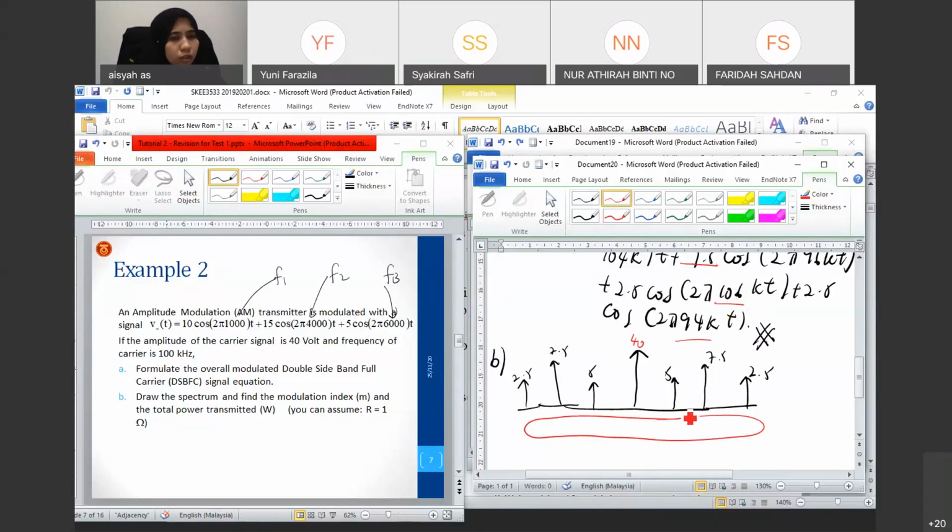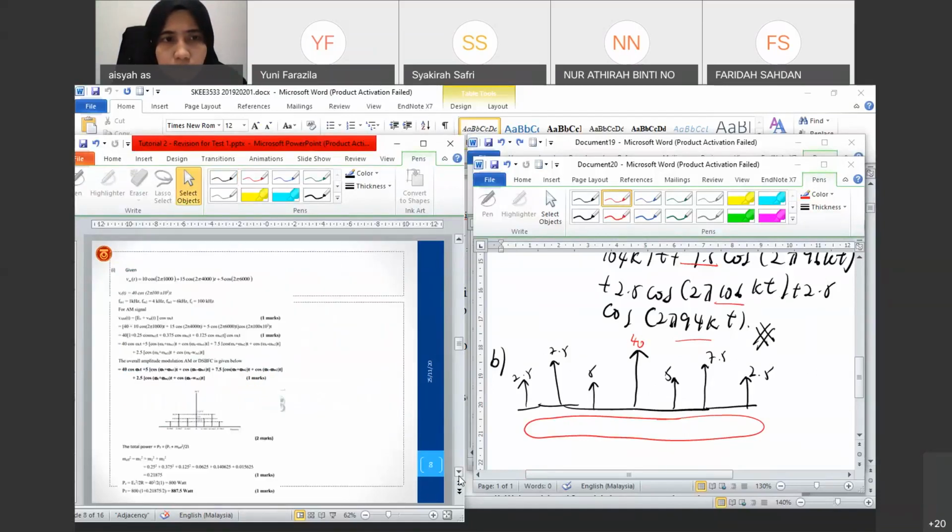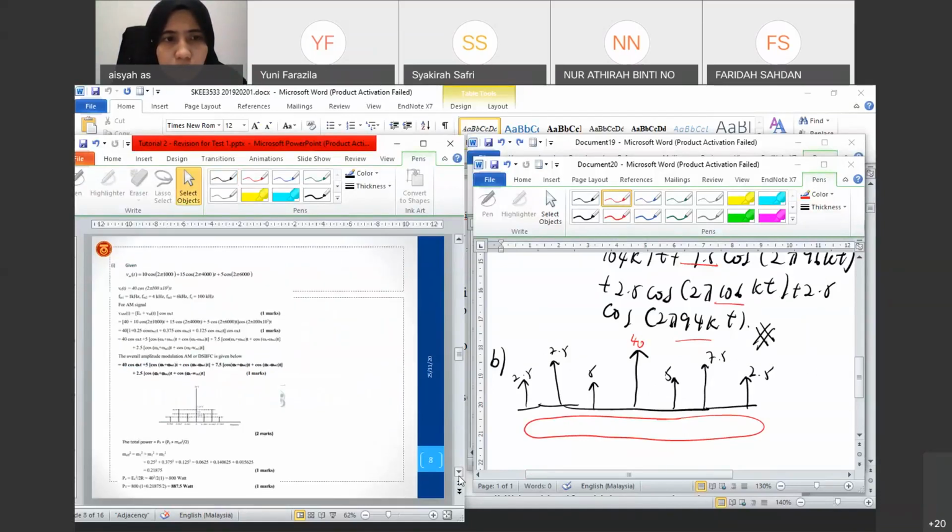Any questions for this? Doctor, for this question, I didn't expand the equation for A, but for B I calculated separately. For the sidebands, I did omega C plus omega M and omega C minus omega M. Is it okay? Yes, you can also do it like that.